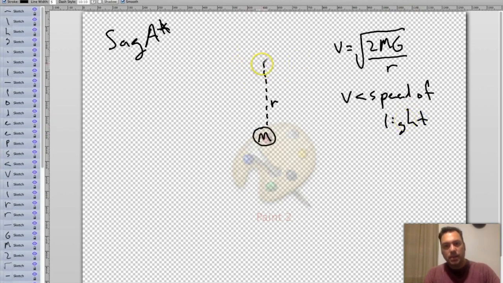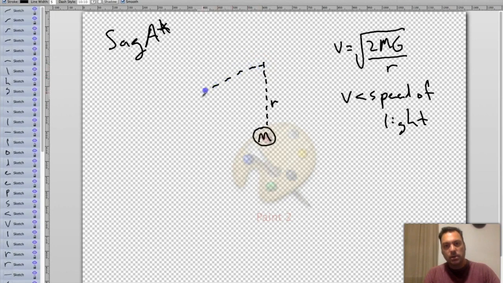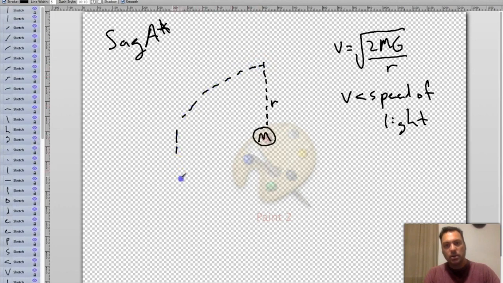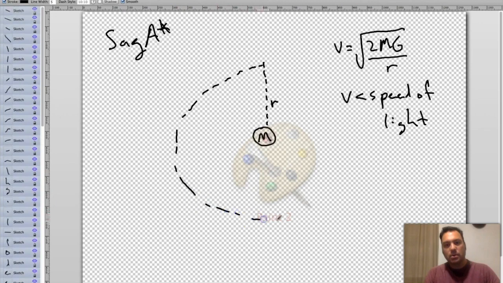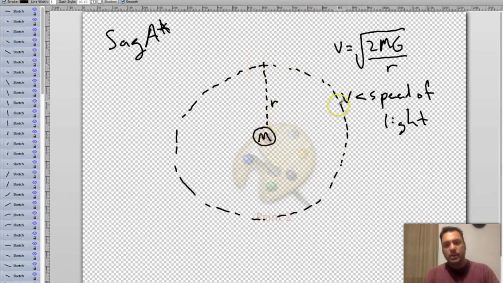And this might be, say, at this distance out here. Let's go ahead and draw a nice sphere. Imagine this is actually a three-dimensional sphere coming through here. Cool. It's got some radius. And so as we cross this boundary, the escape velocity, v, is less than the speed of light.